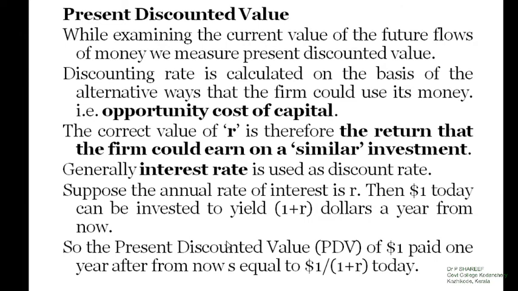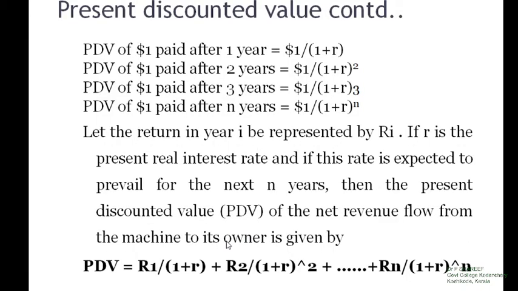Then the present discounted value of $1 paid 1 year from now is equal to 1 by 1 plus R dollar today. Similarly, present discounted value of $1 paid after 1 year is equal to 1 by 1 plus R dollars.